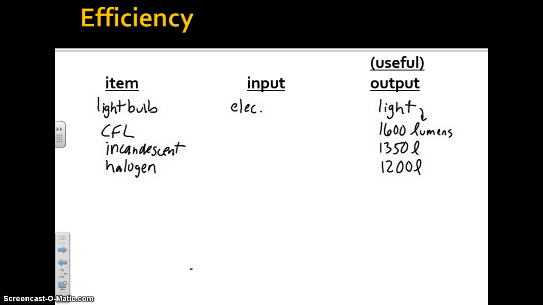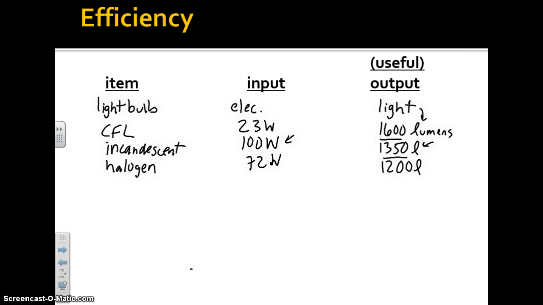So a CFL that's getting this many lumens out is going to require about 23 watts. This is electric power. In order to get less light out of the incandescent, you're going to use about 100 watts. So this is actually more input and you're getting less output than the CFL. And with a halogen with a 72 watt input, you're getting about the 1200 out of it.